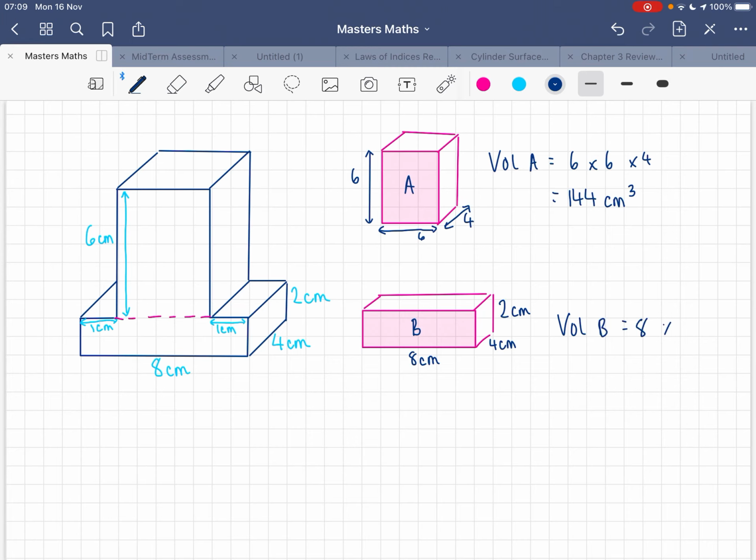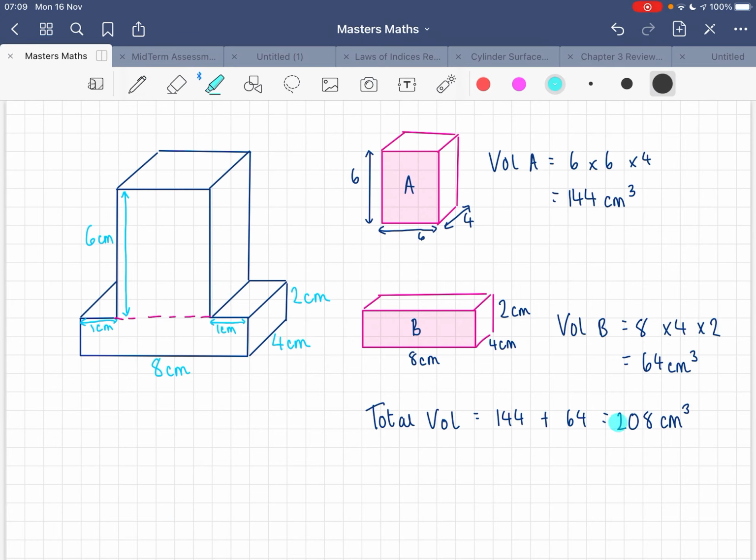For the volume of B, we do 8 times 4 times 2. 8 times 4 times 2 is 64 centimeters cubed, and then the total volume, we add those 2 things together. So 144 add 64 is 208 centimeters cubed, and that is your final answer.